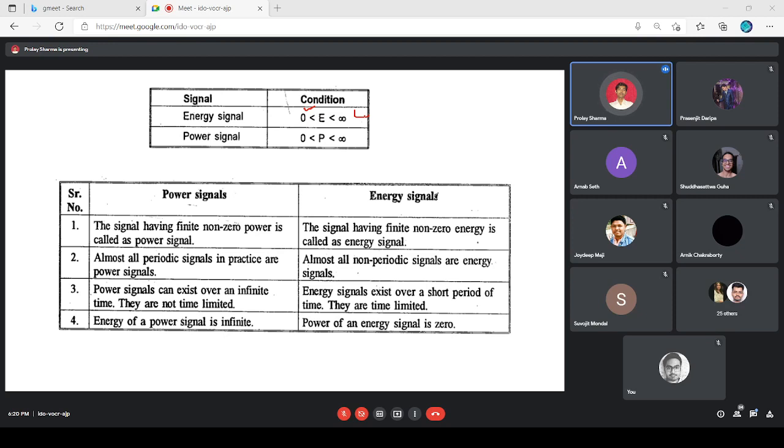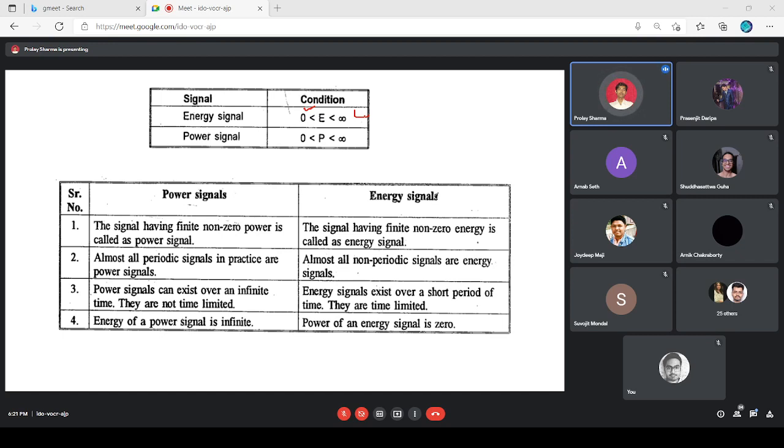Next, the third point: a power signal can exist over an infinite time. They are not time limited, as we have discussed. The power signal can extend up to infinity, but an energy signal must exist for a short duration so that we can get a finite amount of energy. The fourth one is the energy of a power signal, which is infinite.